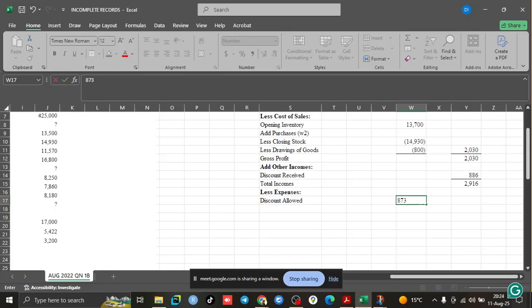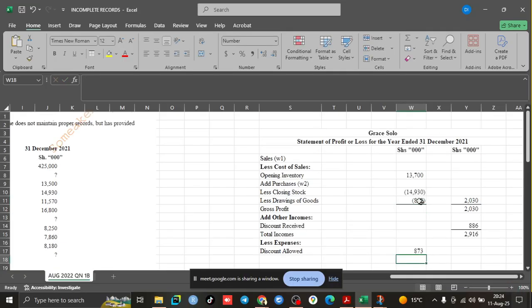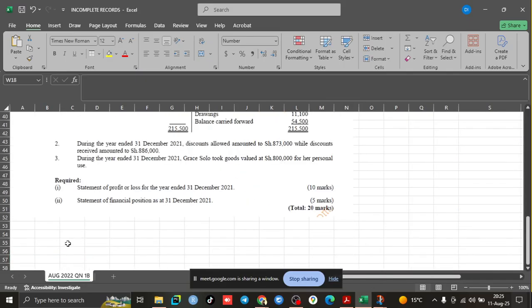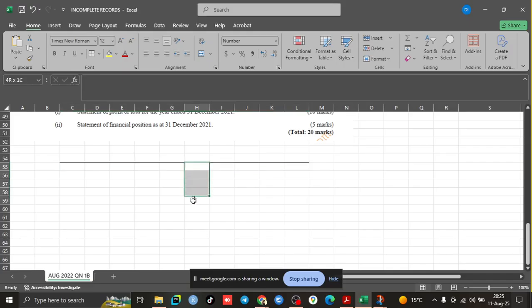So 873. Okay, so now what we can do sasa, tunaweza tengeneza our accounts receivables. Accounts receivable inatupeanga the balancing figure as the credit sales, alafu accounts payables inatupeanga balancing figure as our credit purchases, yeah? So we open two accounts, an accounts receivable account, tupate the balancing figure.